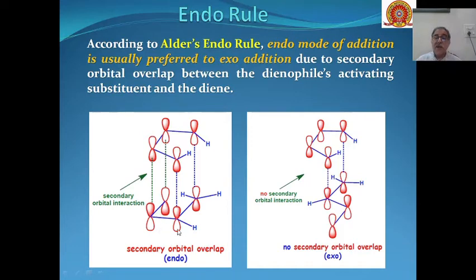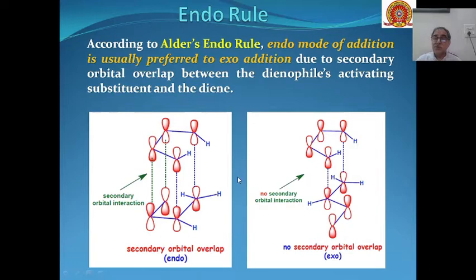And there is a secondary orbital interaction between the orbitals of the substituent and the diene, whereas in the case of exo overlap, there is no such secondary orbital interaction between the substituent orbitals.